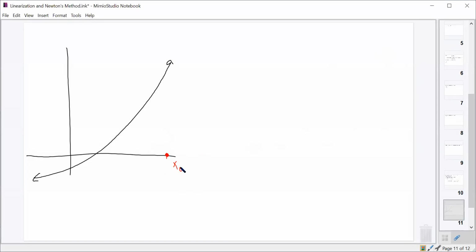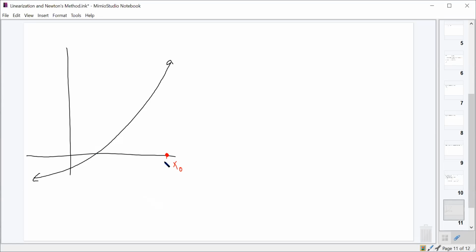We'll call this x naught, x sub 0. Is that the actual x-intercept of this function? Nope. Good. So this is not the correct x-intercept.